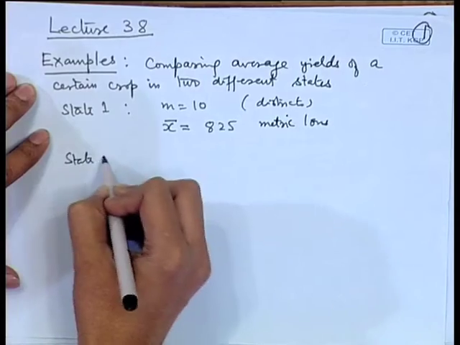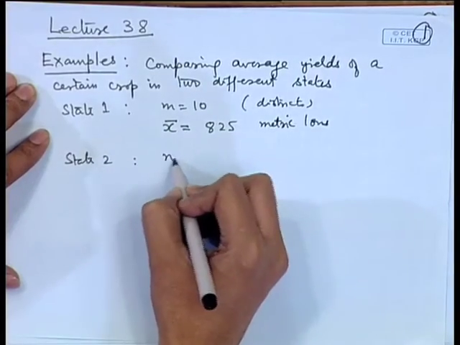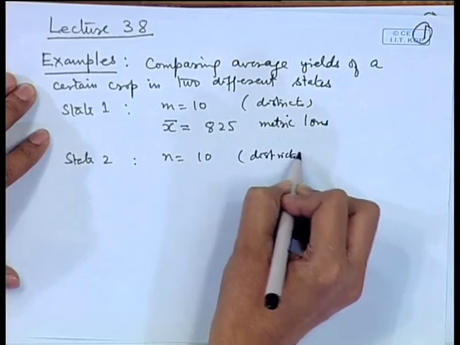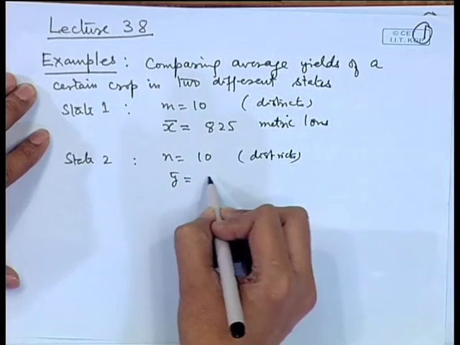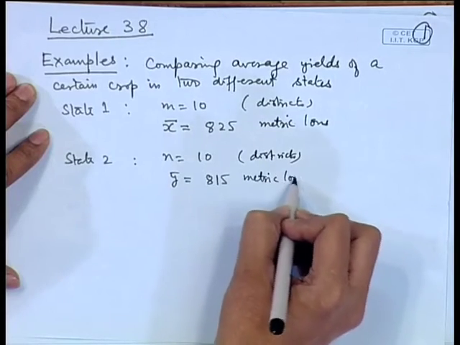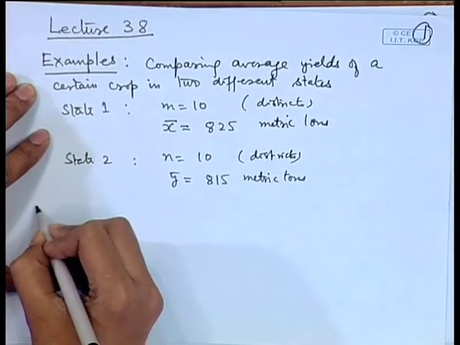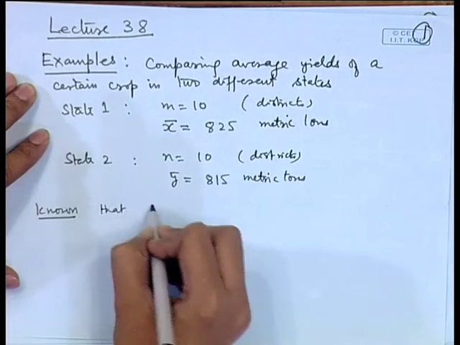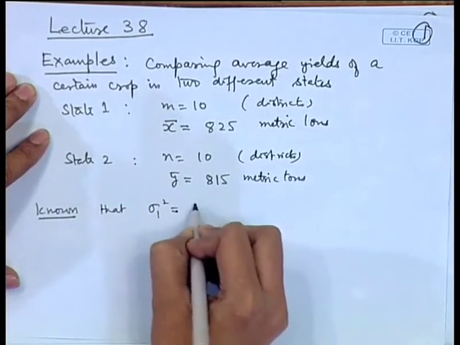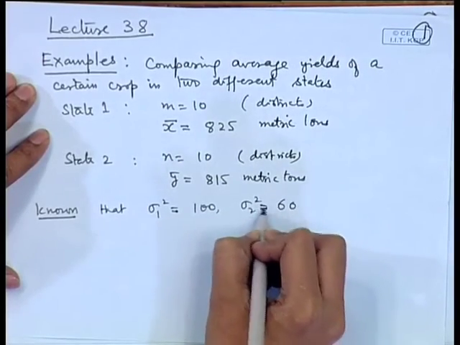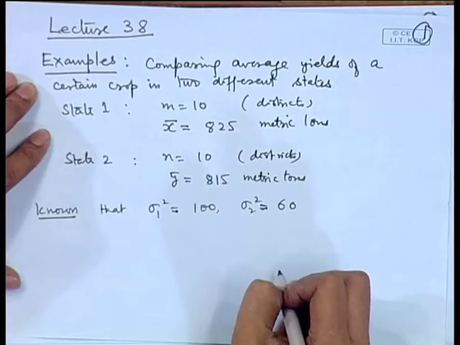Similarly, in state 2 we took another random sample of 10 districts and the average yield turns out to be 815 metric tons. It is known that sigma 1 square is equal to 100 and sigma 2 square is equal to 60. This data is known to us.